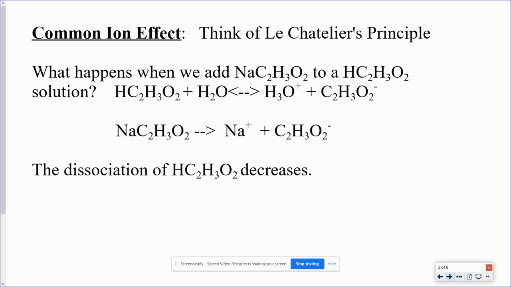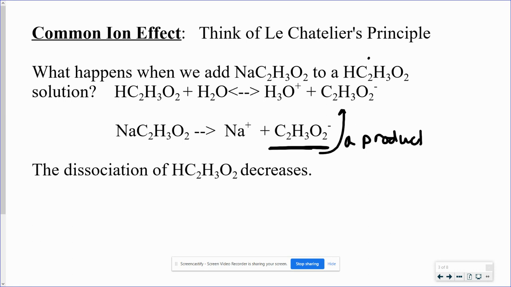That's Le Chatelier's principle by changing concentration. So when we add sodium acetate to acetic acid with a common ion effect, we're adding more of this, which is a product.